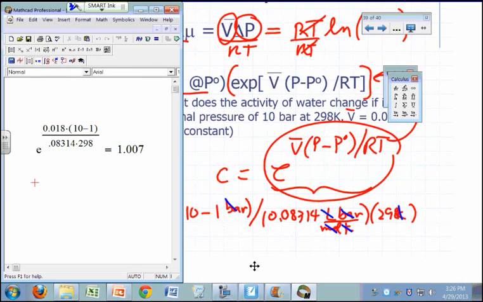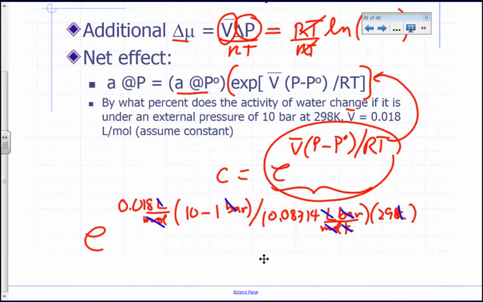That's 1.007. Okay? So you're multiplying it by 1.007, you're looking at an increase of 0.7% going to 10 bar. So pressure will hardly affect the activity of solids and liquids in mixtures.